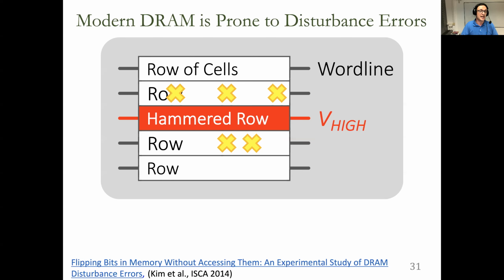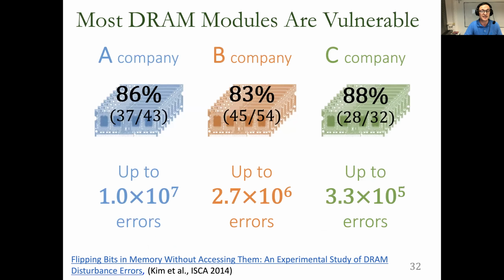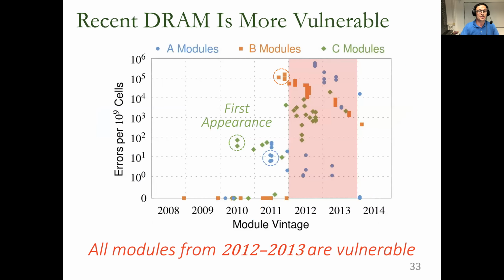We call this the hammer row, and we call the others the victim rows, and we showed that more than 80% of the chips that we tested, manufactured by the three major manufacturers in DRAM, as you probably know who they are, are vulnerable. This is really a scaling problem because the first chip that exhibited this error mechanism was manufactured in 2010, and all of the chips manufactured in 2012 and 2013 were vulnerable to this effect.